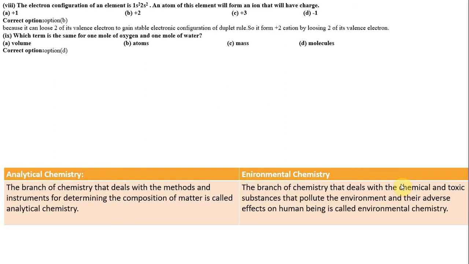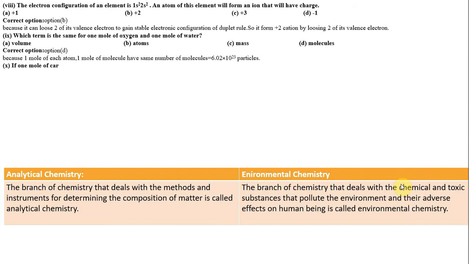Correct option is option D, because 1 mole of atoms or 1 mole of molecules have the same number of particles, equal to 6.02 into 10 raised to power 23 particles. इधर जो ऑक्सीजन हमें एज एटम दिया हुआ है, वाटर जो है एज अ मॉलिक्यूल दिया हुआ है, और जब भी 1 मोल ऑफ एटम या मॉलिक्यूल हो 1 मोल, तो वो सेम नंबर ऑफ पार्टिकल्स जो हैं वो attain करते हैं, that is 6.02 into 10 raised to power 23 particles.